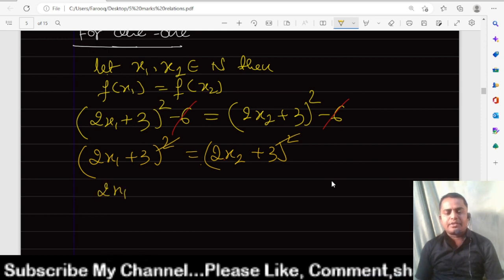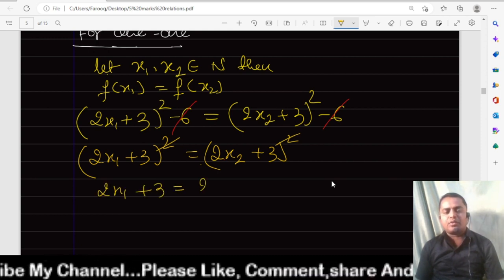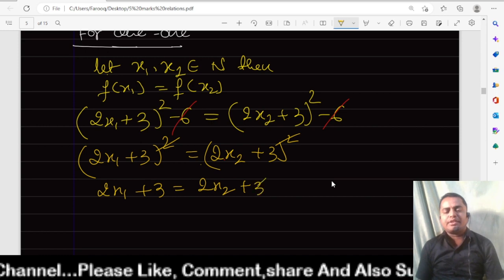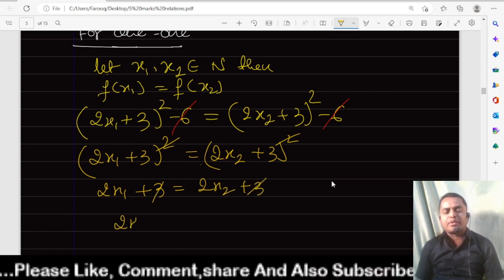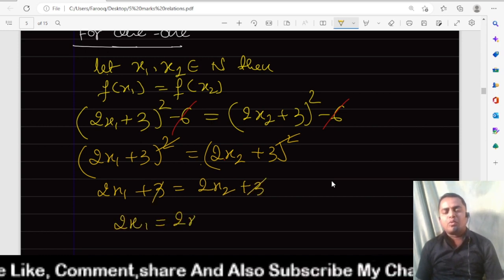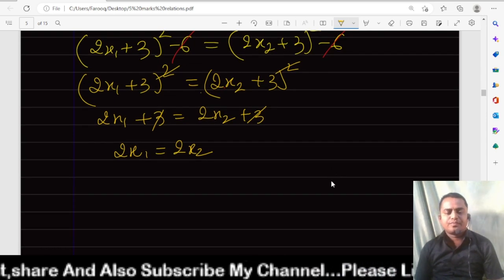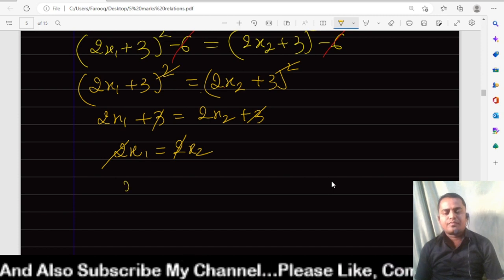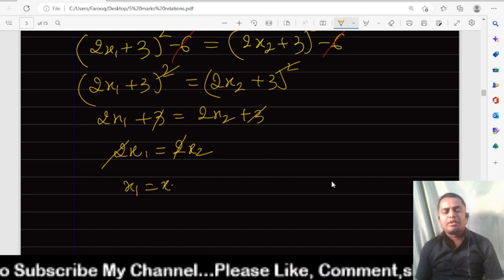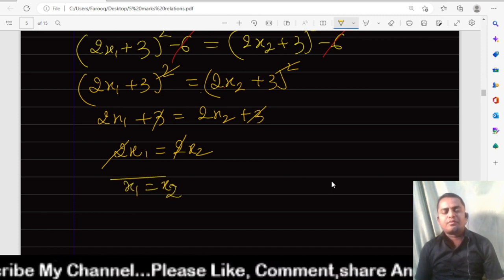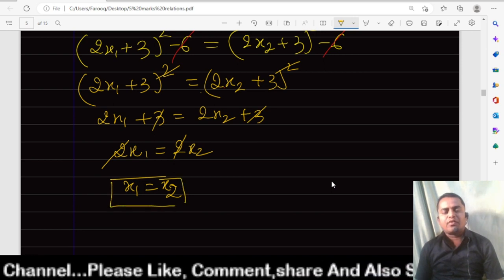Now 2x1 plus 3 is equal to 2x2 plus 3, 3 cancels. Now 2x1 is equal to 2x2, 2 cancels, x1 is equal to x2. Therefore f is one-one.